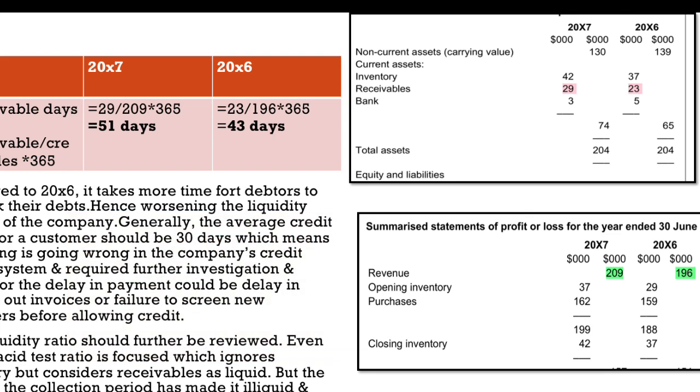So in the question you can see receivables is highlighted in pink in the statement of financial position, while in the statement of profit and loss you will find sales or sales revenue, that is highlighted in green. So you have to divide both the figures according to each year and then multiply it with 365 and you'll get for 2006 it is 43 days and for 2007 51 days. So thus receivable days has also increased.